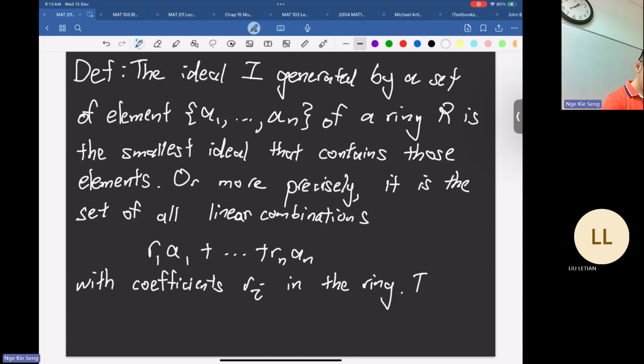It is denoted by the round bracket (A1, ..., An).